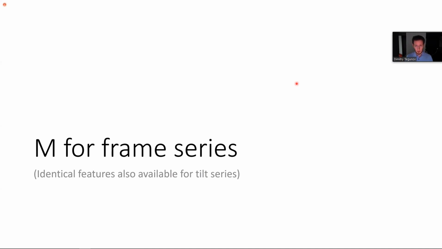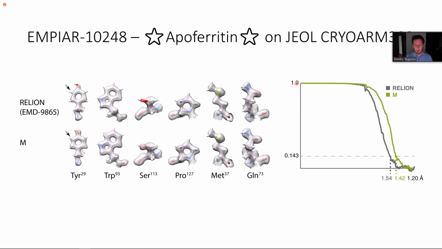And so one nice result that we got out of this was for the apoferritin dataset acquired on the new JEOL CRYO ARM microscope, which had been previously published at 1.54 angstrom. At that point, it was the highest resolution cryo-EM map. Now, using M, some of its new features, we were able to improve that to 1.42 angstrom.